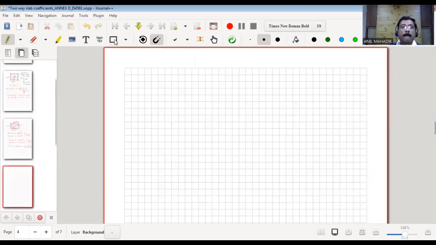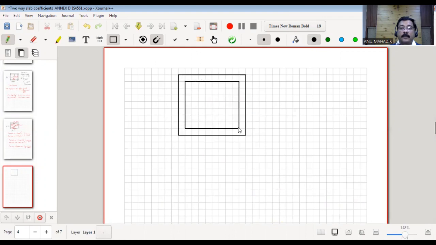So let's say we have a 2A slab, all of you know that. Assume both dimensions are same, 4 meter by 4 meter. So Ly by Lx will be 4 upon 4, which is 1, less than 2. It is a 2A slab. And also there are beams all around, all the 4 edges.